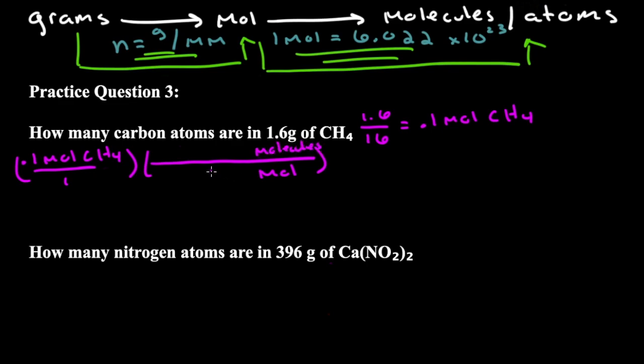And I'm going to say that every 1 mole is going to be 6.022 times 10 to the 23rd power. And now moles here and moles here will cancel out. And when I do that, I'm going to get 6.022 times 10 to the 22nd power. And that's going to be molecules of CH4.